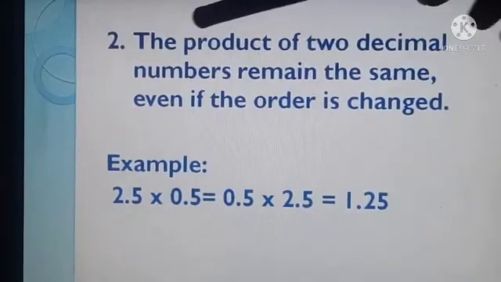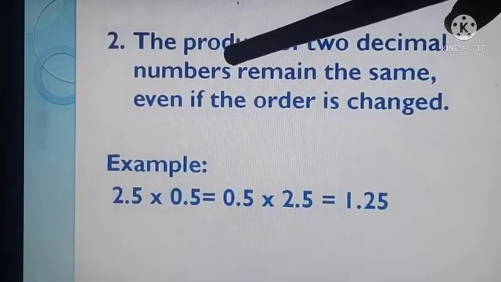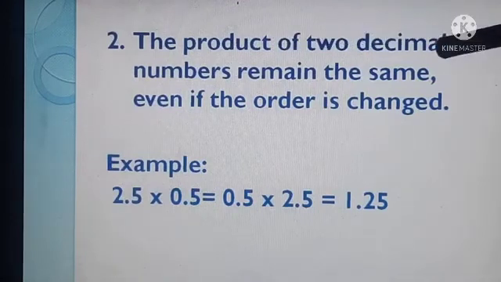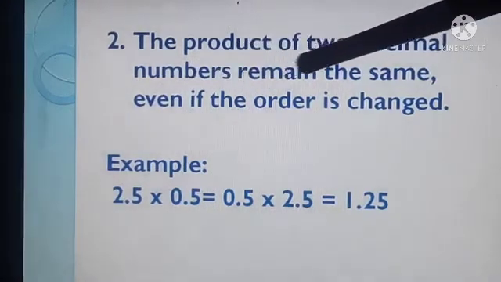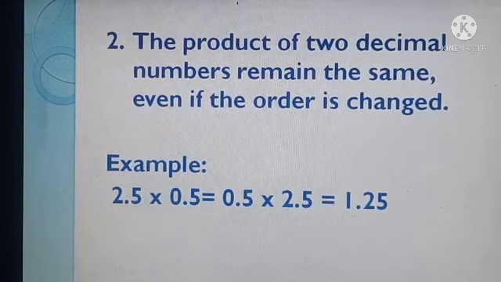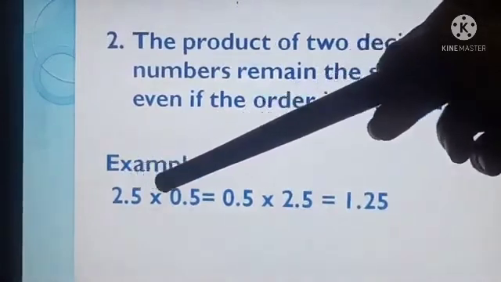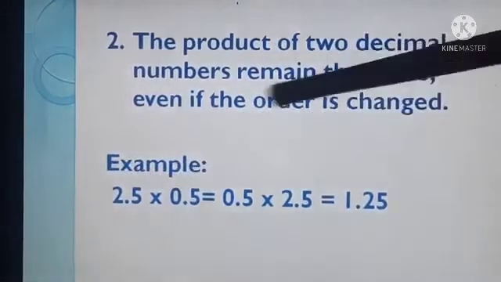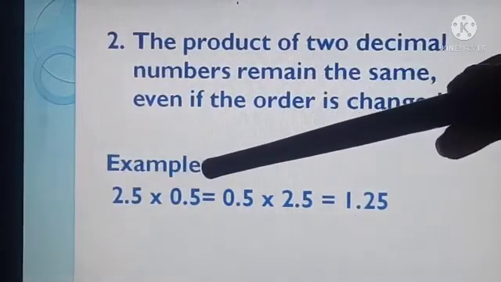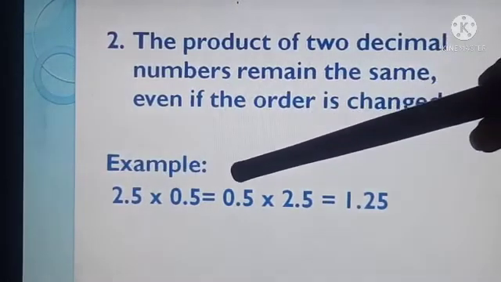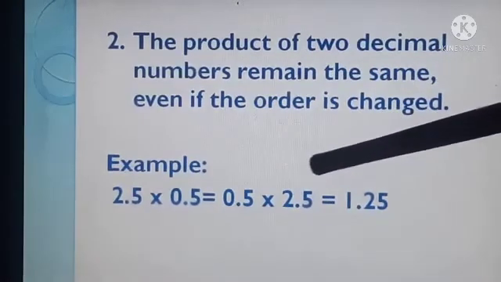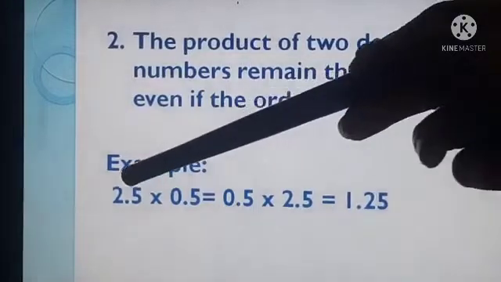Second property is here, the product of two decimal numbers remain the same even if the order is changed. See this example, 2.5 multiply 0.5. Both the numbers are decimal numbers and if we are changing the order, 0.5 multiply 2.5, what will be the product?